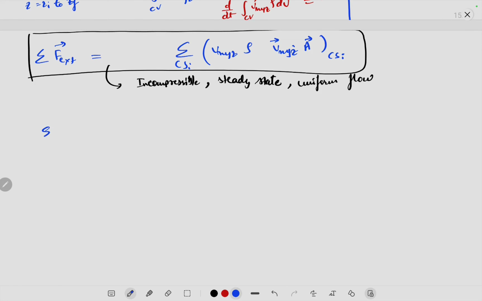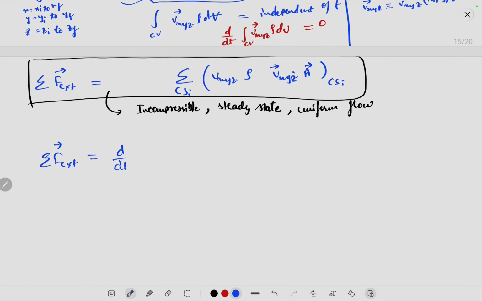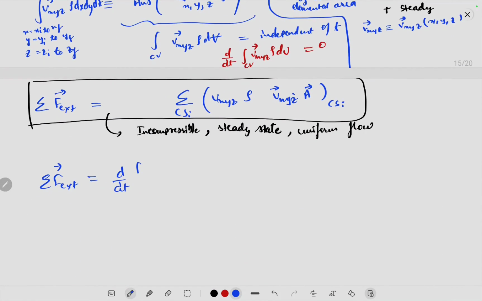Okay. And let's say if the flow is not steady, I will get d by dt of Vxyz rho dV over CV plus this term, which is summation over CSi of Vxyz rho Vxyz dot A vector, and this is for that CSi.